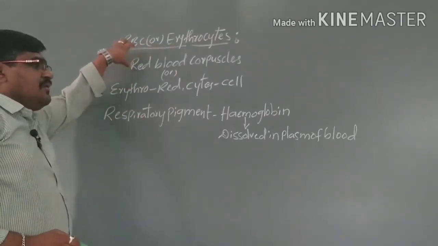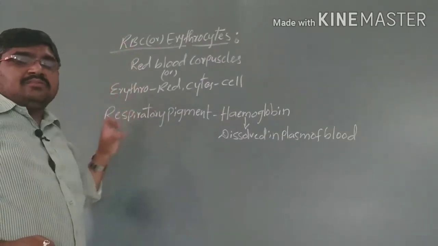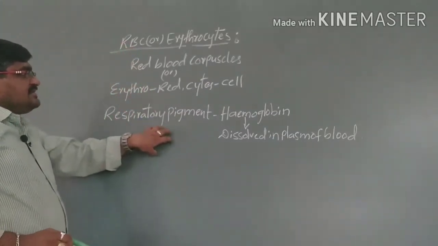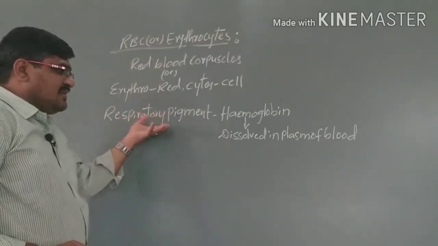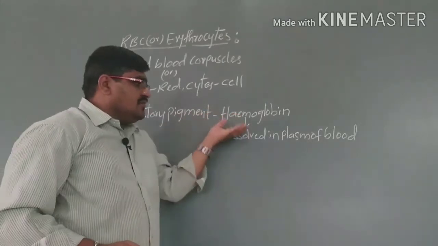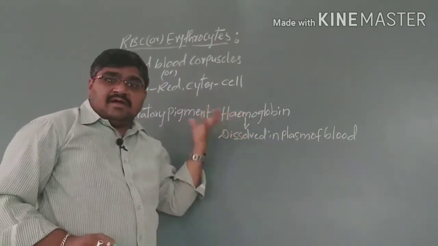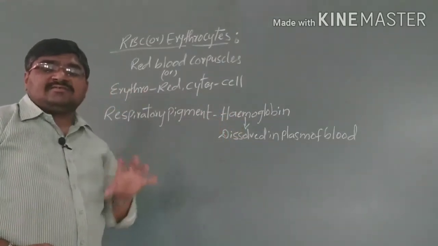So due to the presence of the red pigment hemoglobin, we call them red blood cells and erythrocytes.